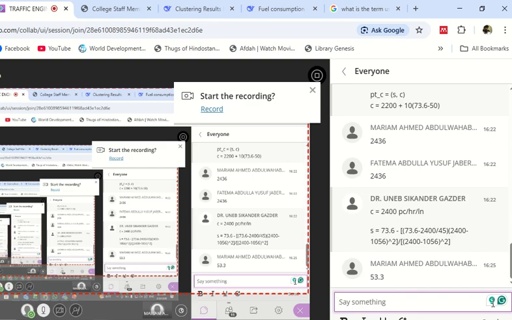Okay, so now I have point C as well. Okay, point C is capacity and this speed.